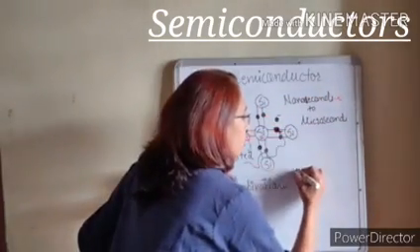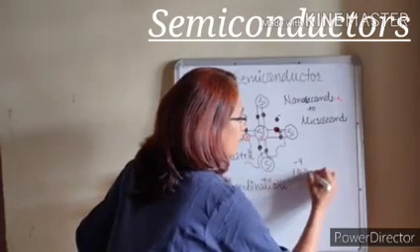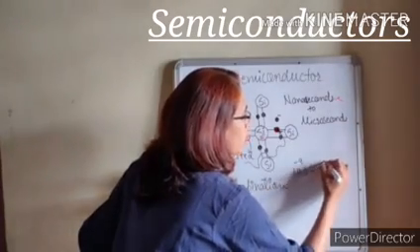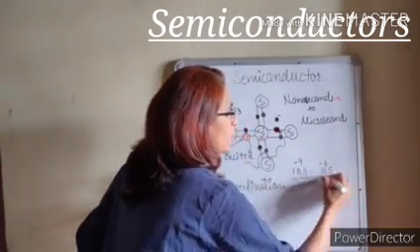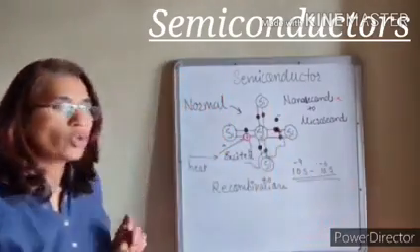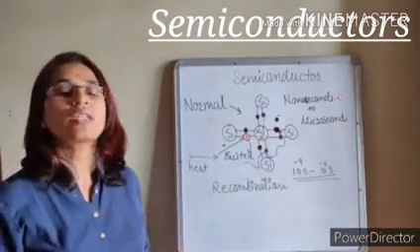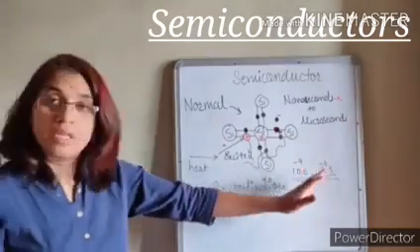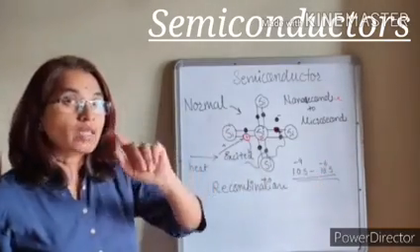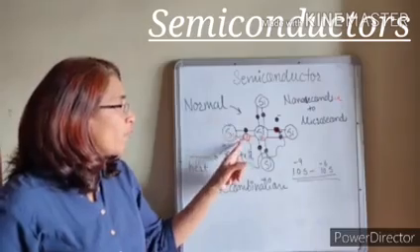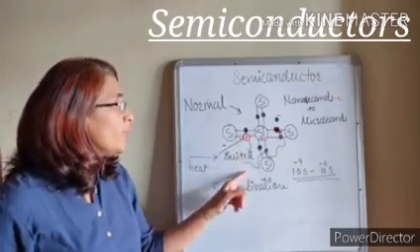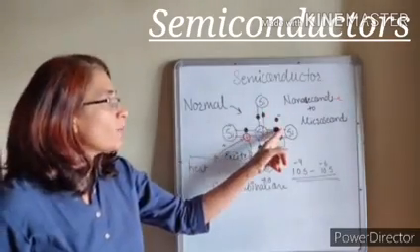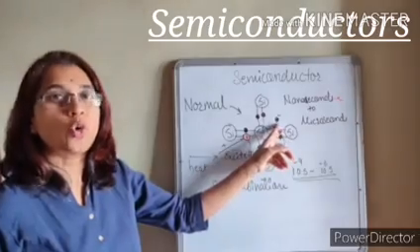It means from 10 to the power minus 9 seconds to 10 to the power minus 6 seconds. This much time only an electron can freely move in the crystal, and this time is called the lifetime of the electron: the time from when it becomes free to when it recombines with the hole.